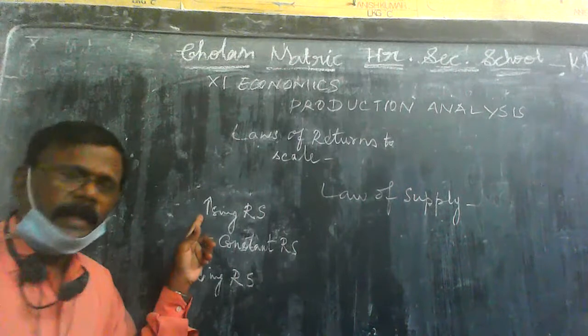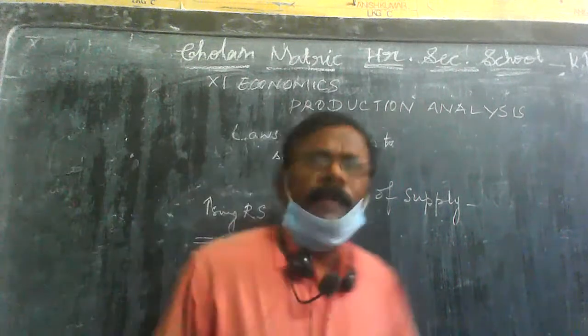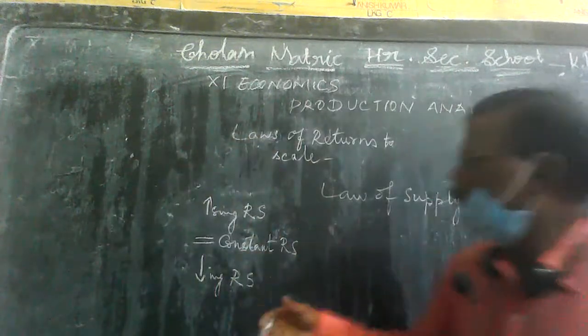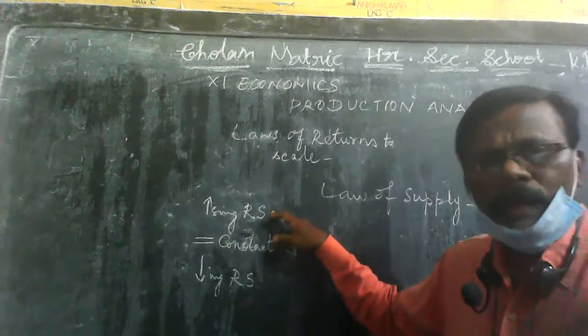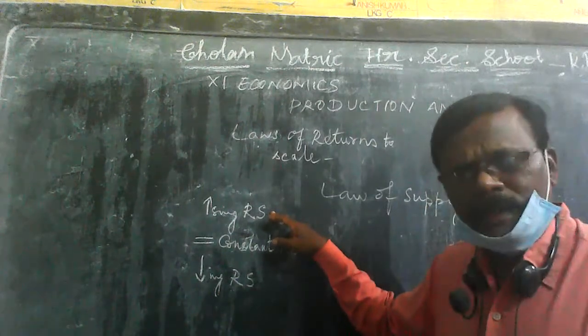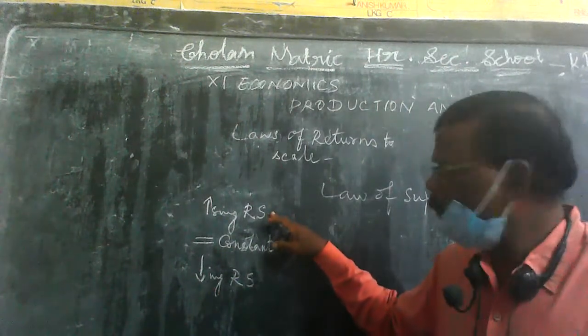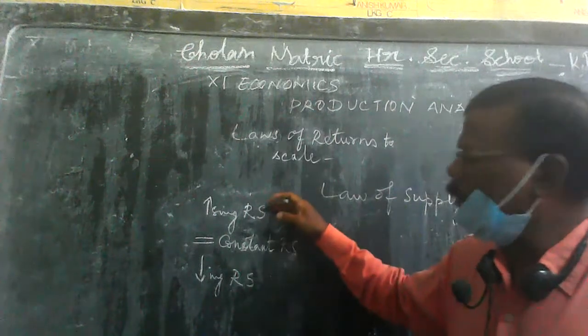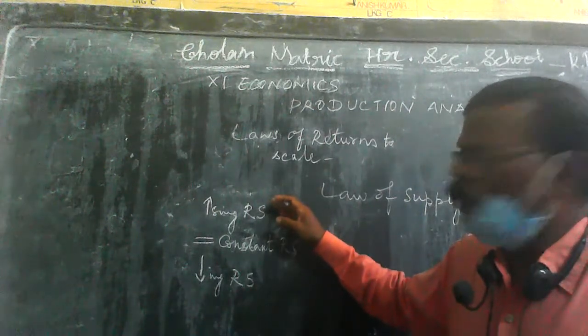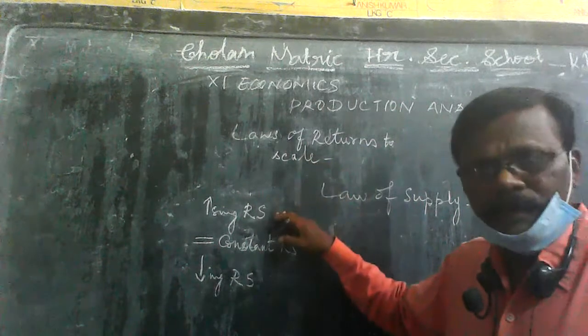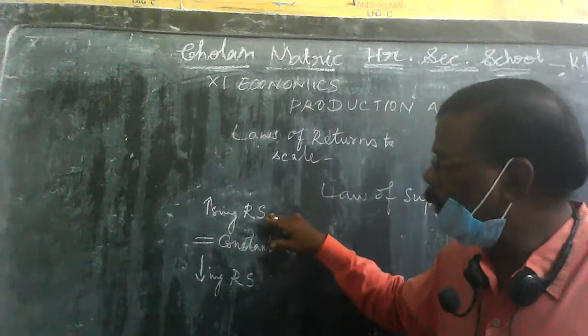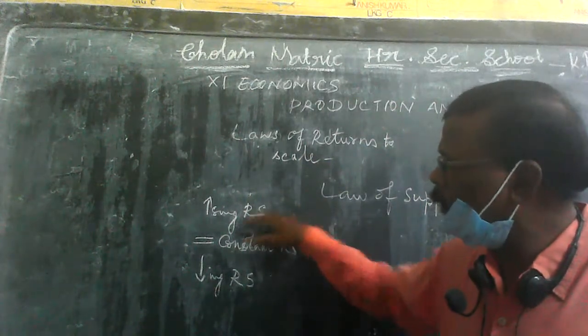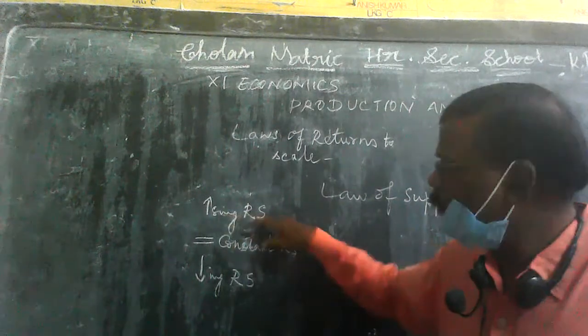Now in this case, if all the inputs are increased by 1%, then output increases by more than 1%. What does that tell us?